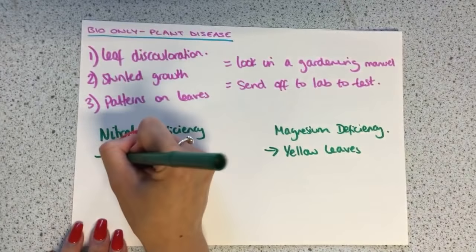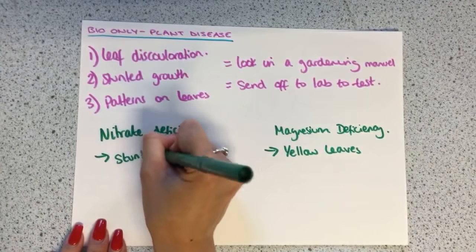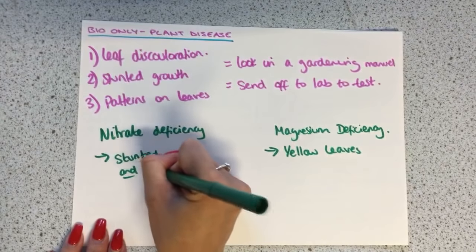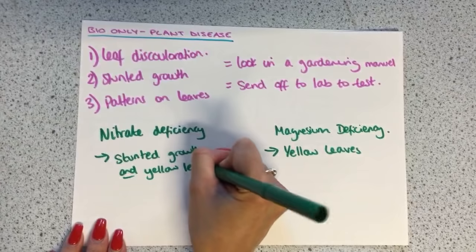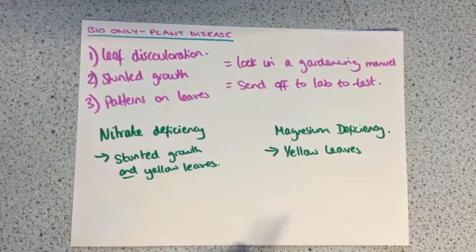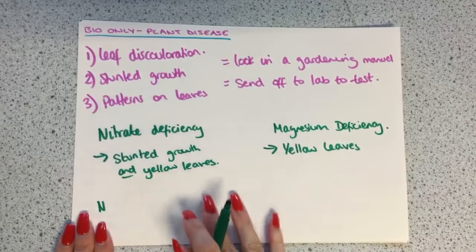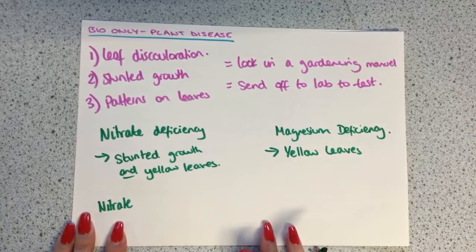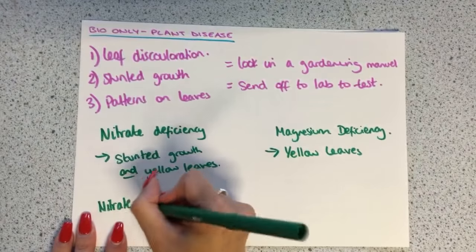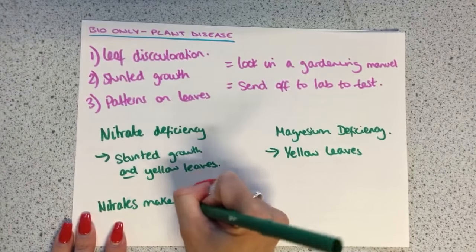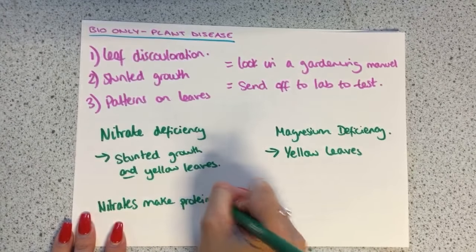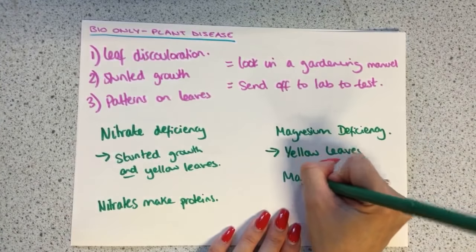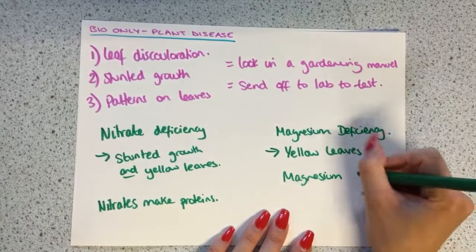Nitrate deficiency produces stunted growth and yellow leaves. And the reason for nitrates is that nitrates are used to make proteins. So if you are deficient in nitrates, then you are not able to make enough proteins. And for magnesium deficiency, magnesium is used to make chlorophyll.